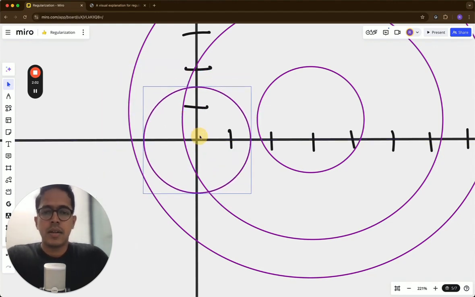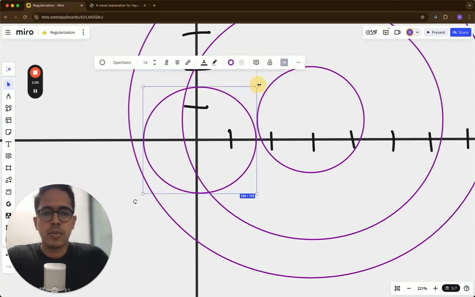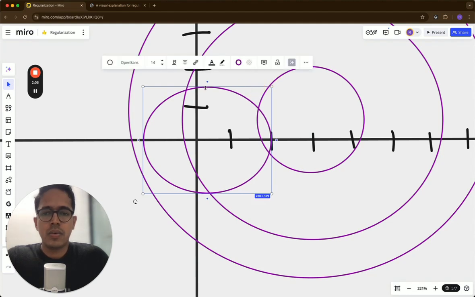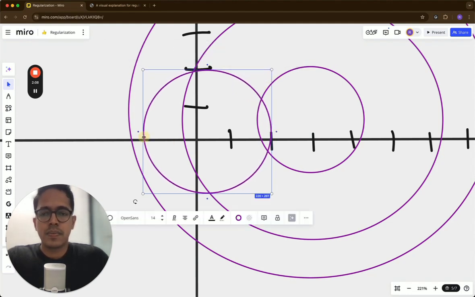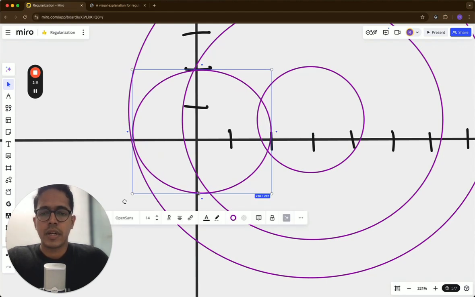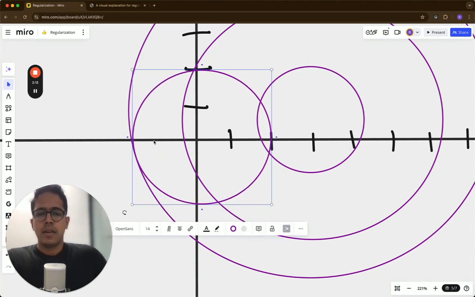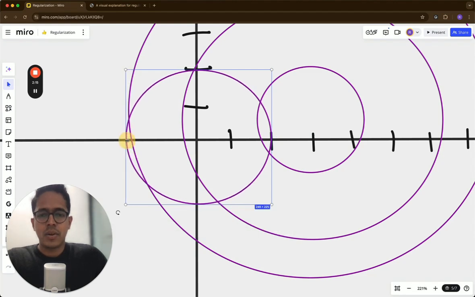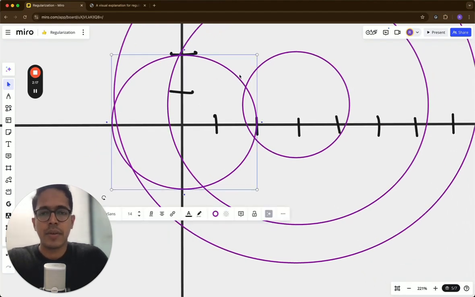So this is the circle, and we can adjust the radius to be 2, and this is 2. All right. It's not exactly looking like a proper circle, but I hope this is okay for you.